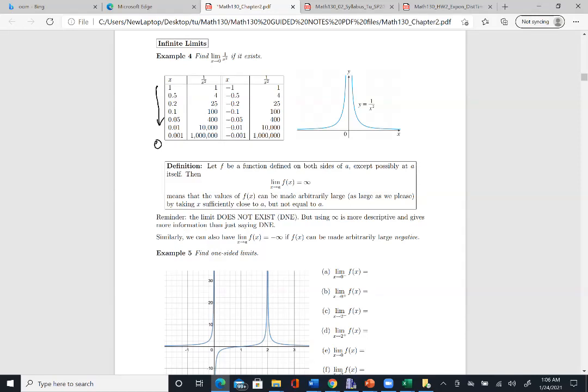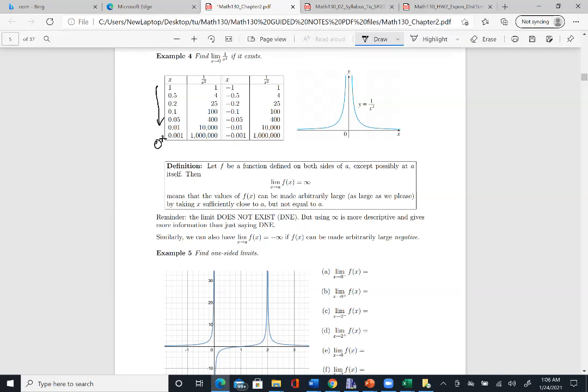This is the right hand side because the x value is greater than 0, right? And for this, x goes to 0 this way from the left hand side.